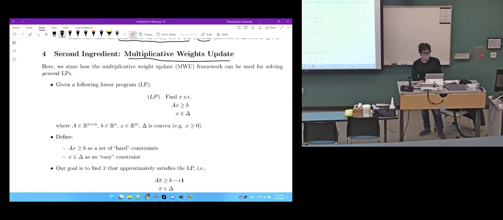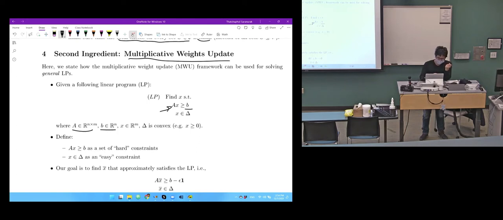So it's a framework for a lot of things. One of the things that it can be used for is solving LPs. Okay. So just consider this LP. The goal is, you're given the constraint matrix A, and you are given Ax at least b, where A is a matrix, b is a vector.